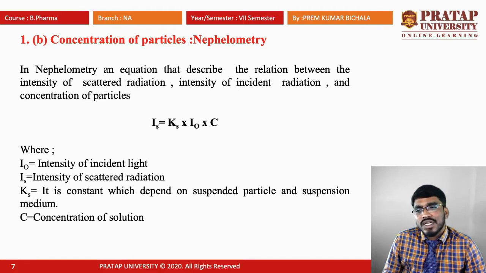The intensity of incident light and the scattering constant are always constant values, whereas Is is directly proportional to C. That means the intensity of scattered radiation is directly proportional to the concentration.